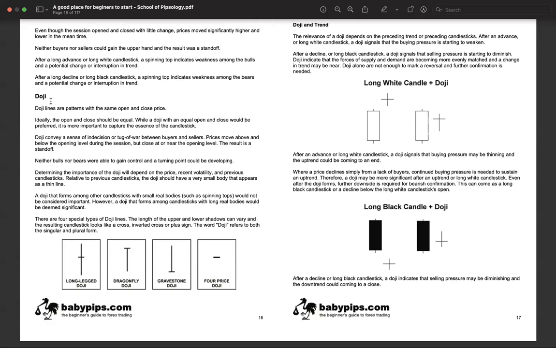Dojis convey a sense of indecision or tug of war between buyers and sellers. Price moves above and below the opening level during the session, but closes at or near the opening level. The result is a standoff. I guess you understand what a standoff means.